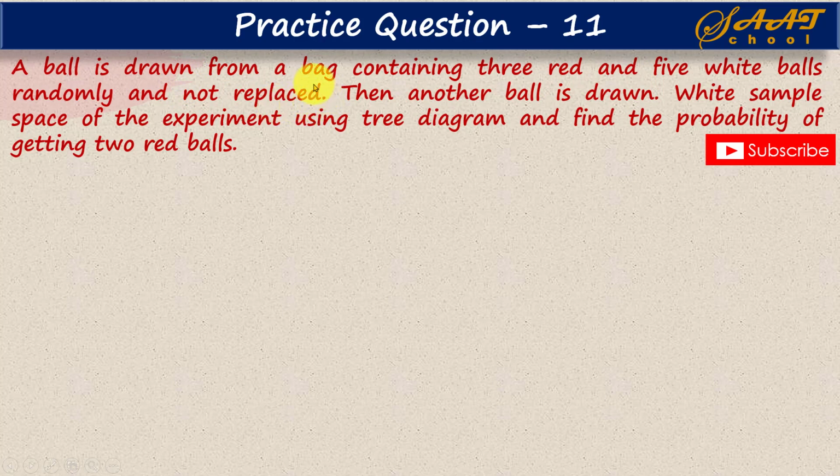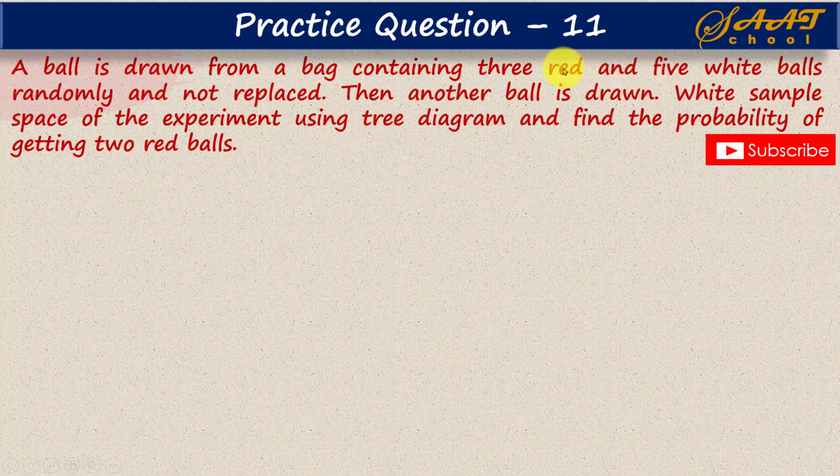The balls which are drawn are not replaced, meaning if you draw a ball from a bag and that ball is not replaced, every time you draw, the number of balls in that bag is reduced. We have 8 balls, 3 red balls, 5 white balls.